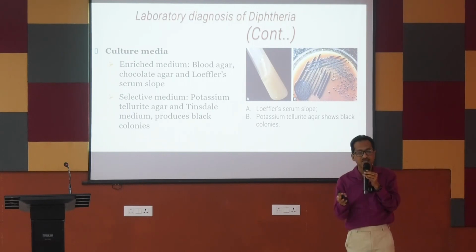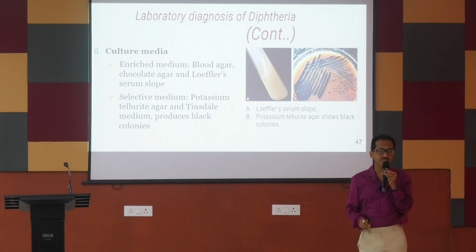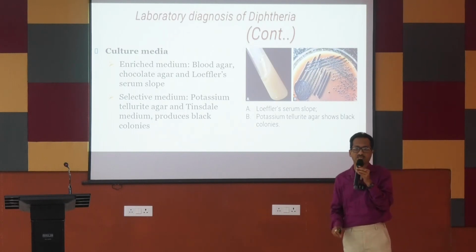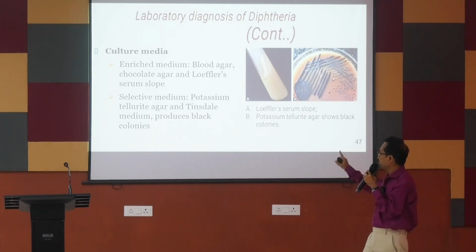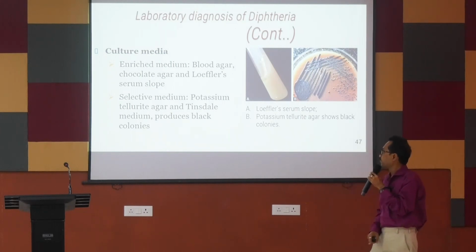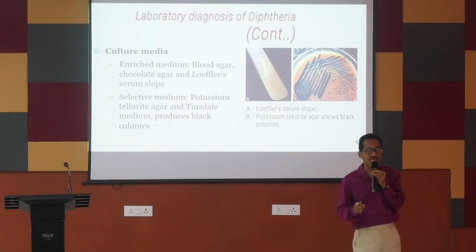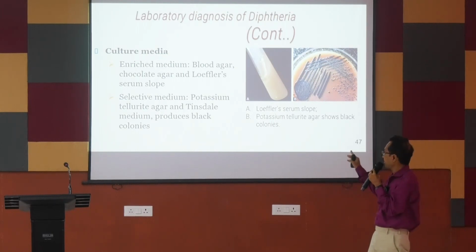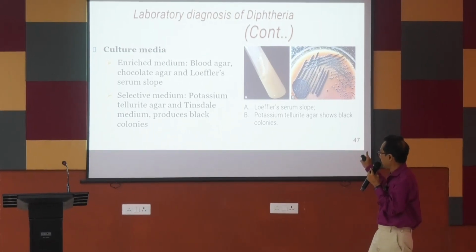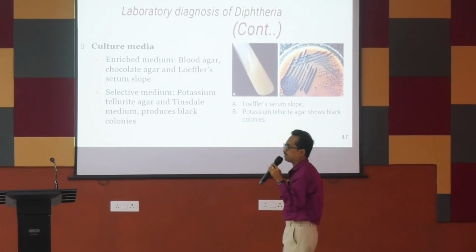And the second part, the specific media. What is the specific media? When you are asked what the specific media of diphtheria is, that is potassium tellurite agar, and that produces black colonies. Potassium tellurite agar is a selective media. One is Loeffler's serum slope and another is potassium tellurite agar.